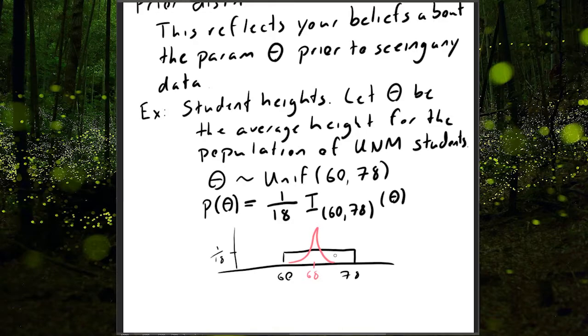I don't know, but it could be something in there. It's more likely it's going to be somewhere in the middle instead of flat on 5 feet to 6.5 feet. That seems unlikely. But both of these are valid, and it's easy for me to write the uniform distribution here. So that's why I'm using the uniform distribution.